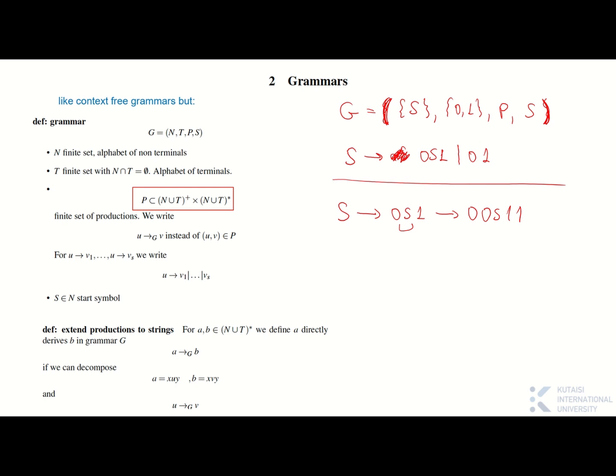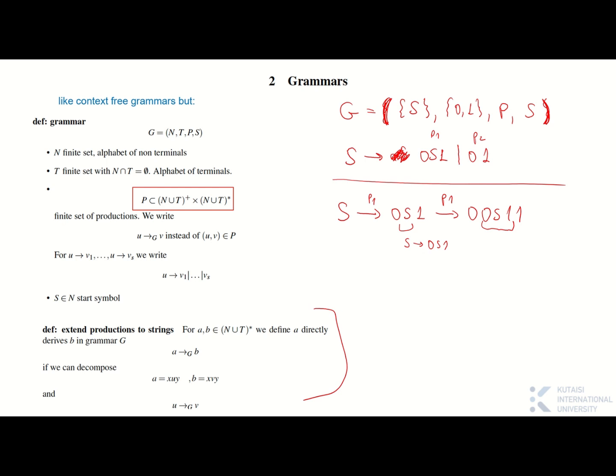S is always just one S. Here I use the rule that S derives 0 S 1 and I substituted it here. Let's call this P1 and this P2. I used P1 here, and I used P1 again, but inside somehow. And the fact that I'm allowed to do this is written right here.